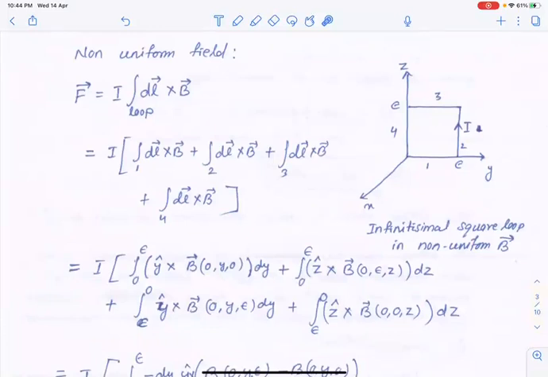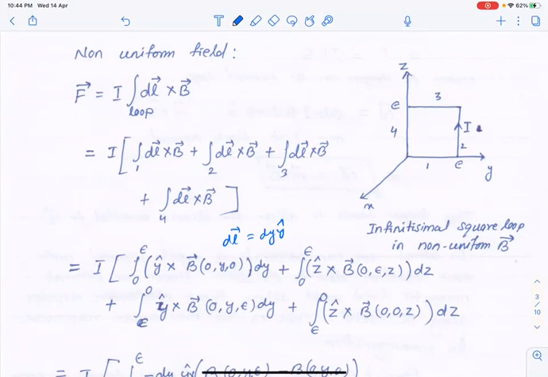If you plug back those details, you have an integration. Your first side integration will give you Y cap, that's along Y. As I told you, B will be a function of Y only, because you are not varying Z and X. So your B will be B(0, Y, 0), and then dy, because you are doing the integration of dl cross B, and dl is nothing but dy Y cap for this side.